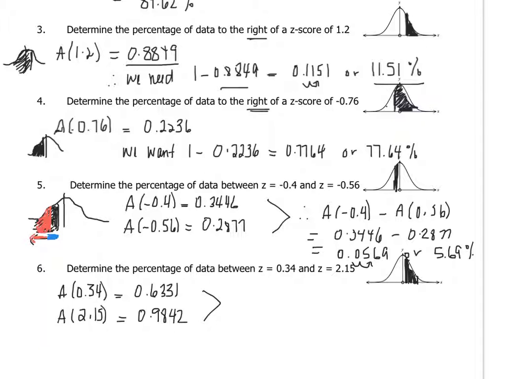So this would be basically 0.9842 subtract 0.6331, which is 0.3511, which if you multiply that by 100%, move the decimal place 2 places to the right, would give you 34.11% of the data would lie between those two z-score values.